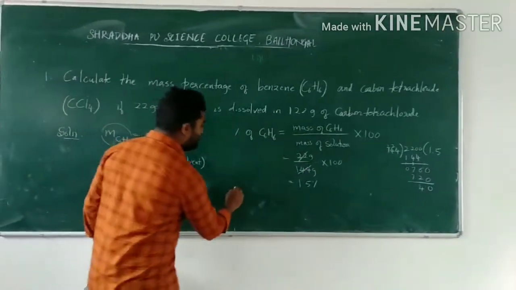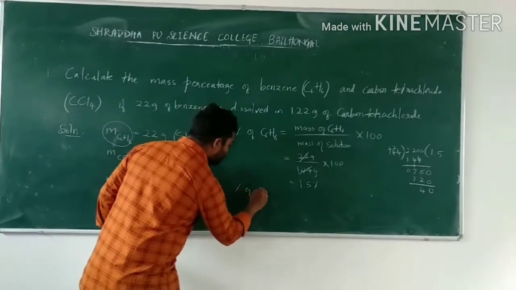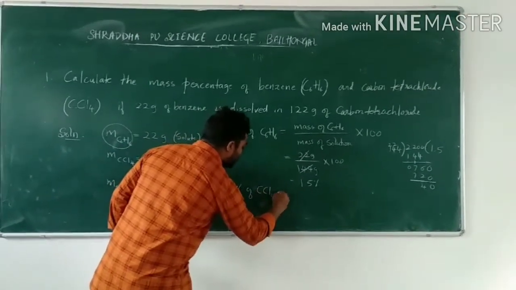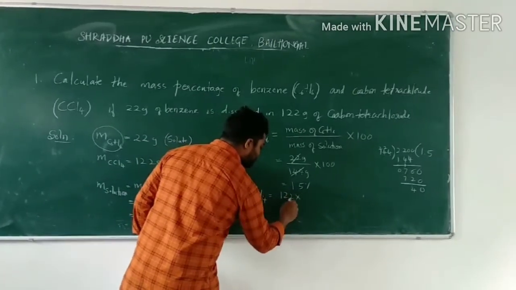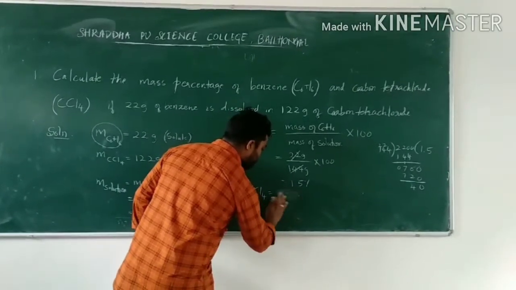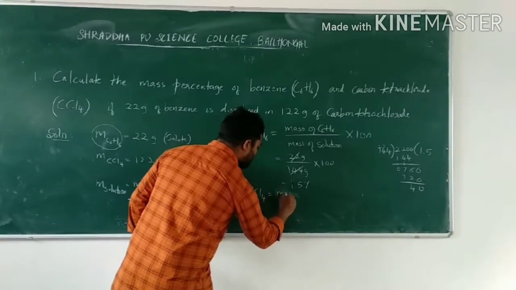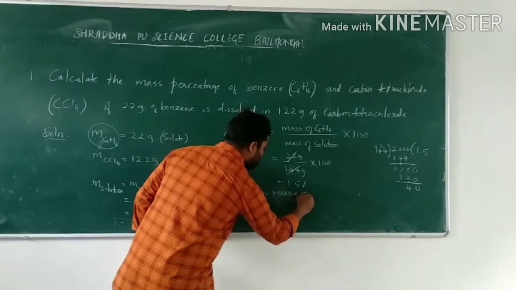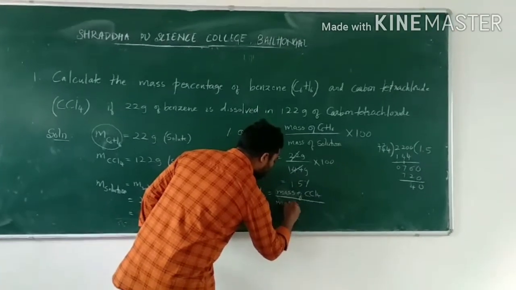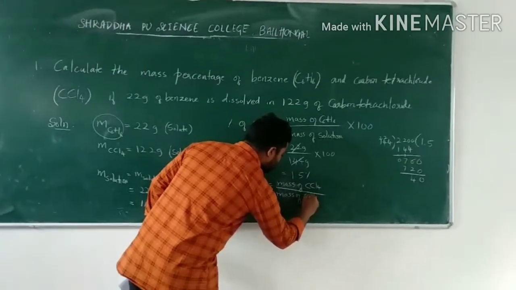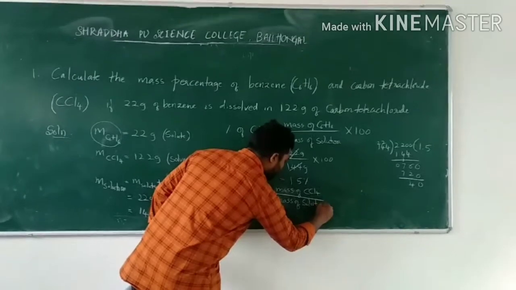Therefore percentage of CCl4 is equal to mass of CCl4 divided by mass of solution into 100.